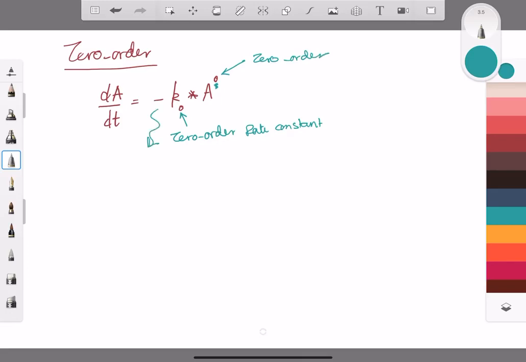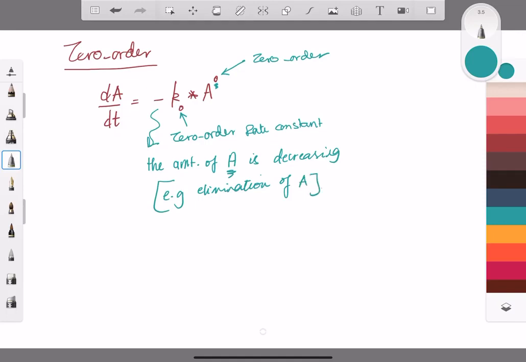This is because the amount of A, let's consider it as drug A, is decreasing. An example of that is the elimination of A, and we have this as the rate of decrease in A. An example of that, let's say, is the elimination rate of A.